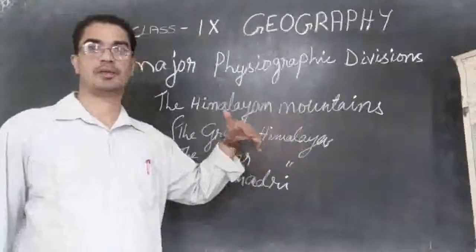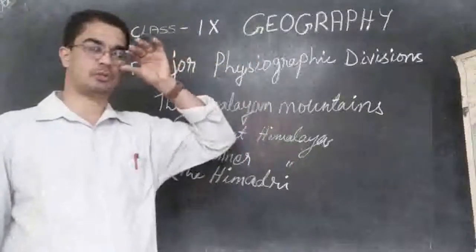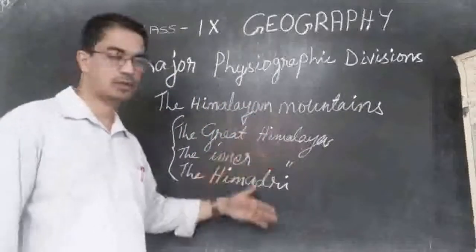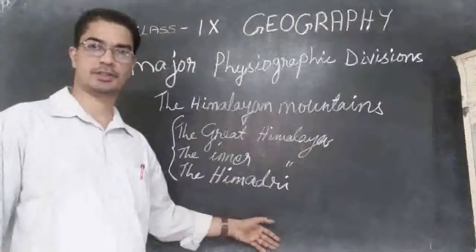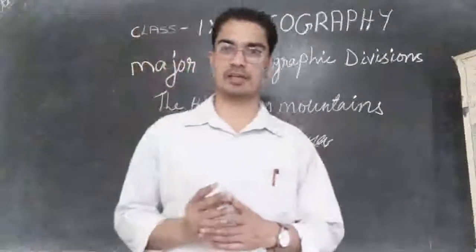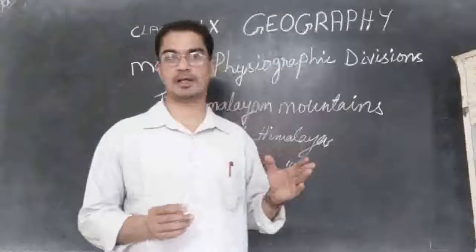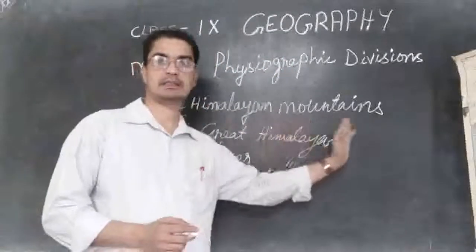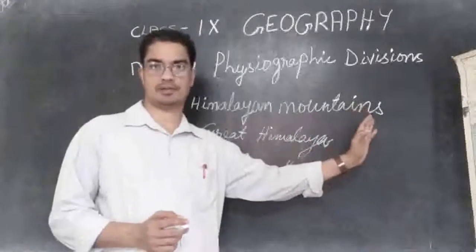One range is in the northernmost or the topmost, then below that another range, and below that again another range. And between these ranges there are a lot of valleys. We will find most of the high peaks are in the eastern side of the Himalayas.